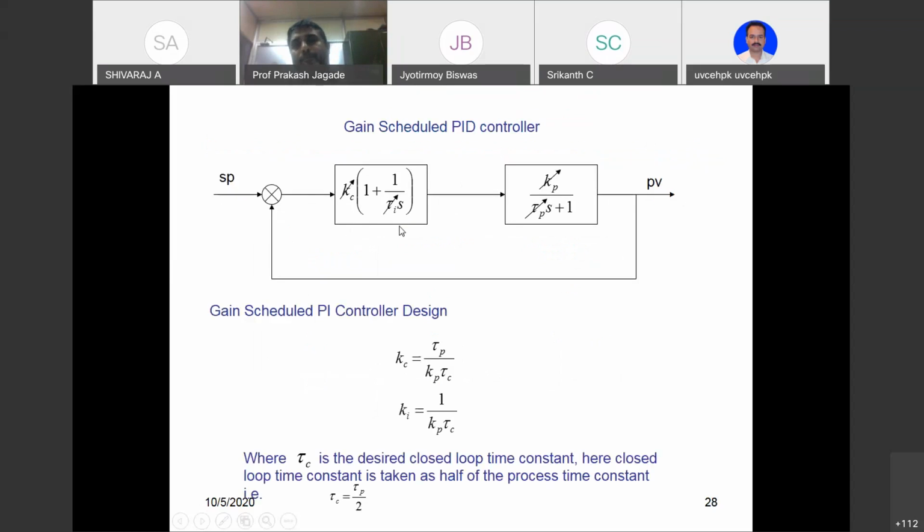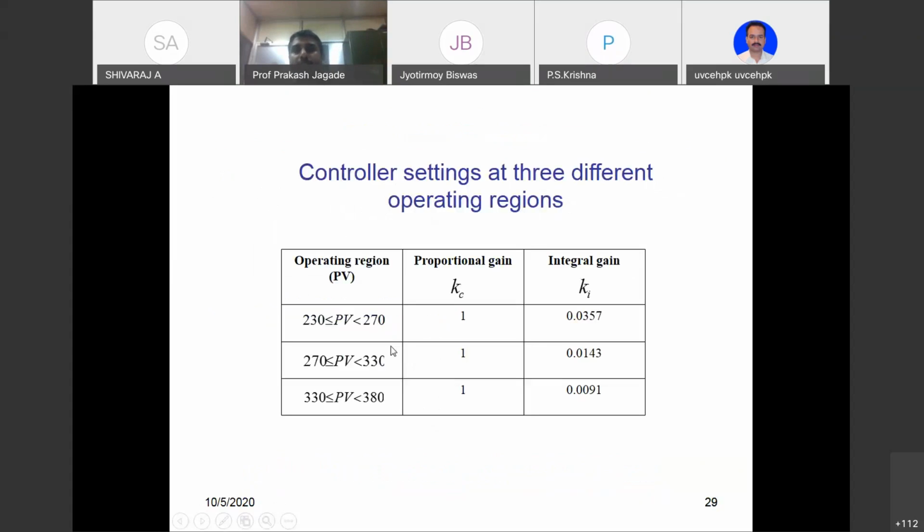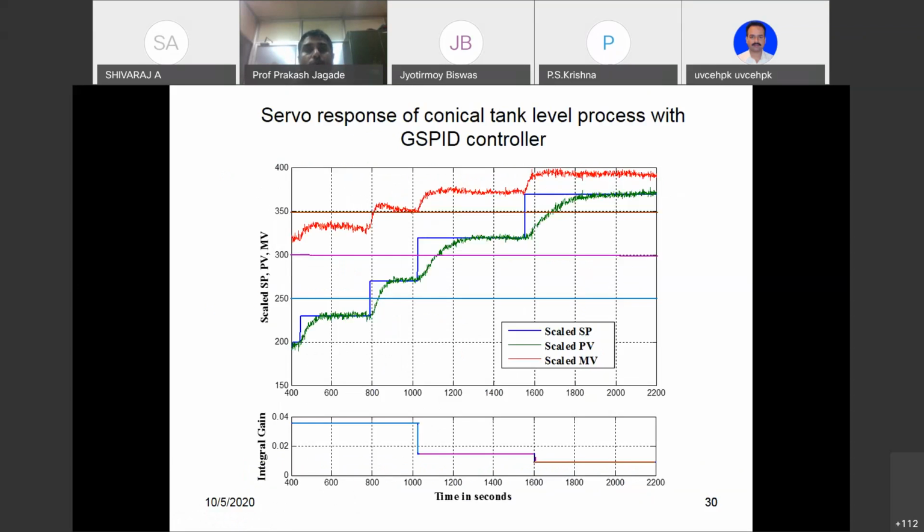That we did. Okay, and then you can see this is the variation that we have introduced, and now at all operating points, the controller is behaving satisfactorily. There is no overshoot.